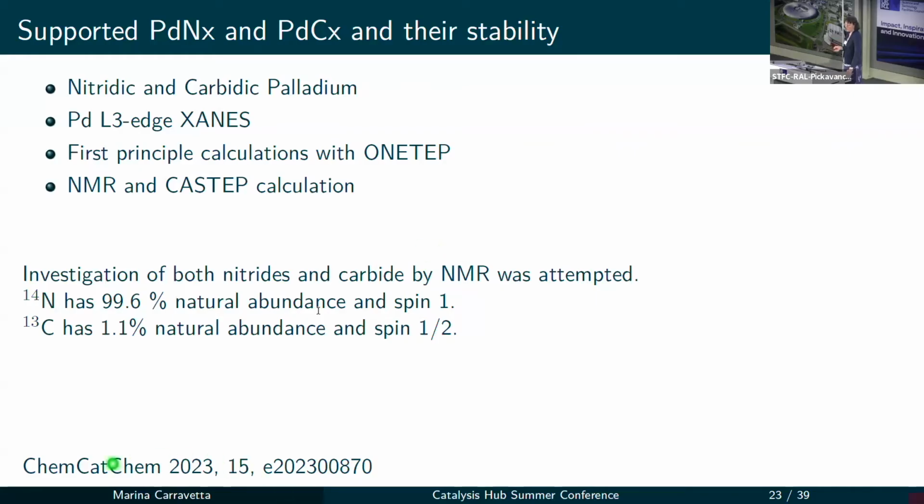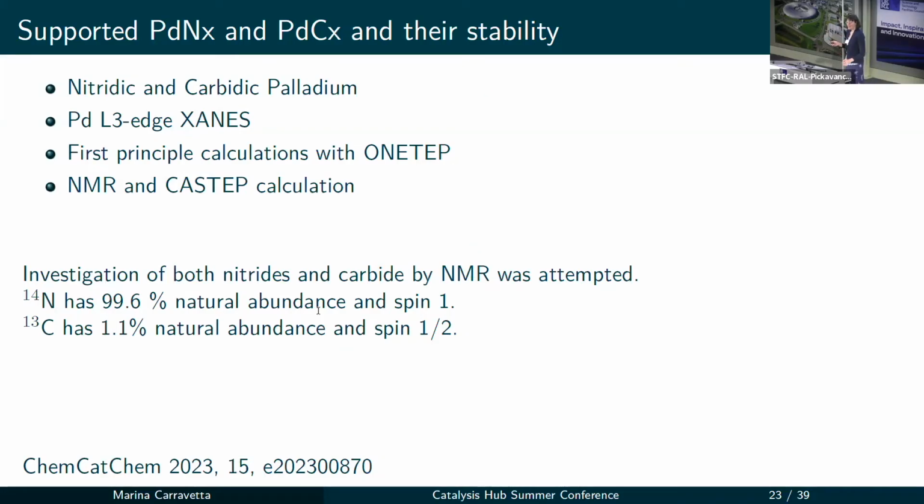In this paper, we also performed ONETEP calculations followed by CASTEP calculations to obtain the NMR parameters. ONETEP is a different type of simulation package also developed here in the UK, and Skylaris is one of the authors of this simulation package. It allows us to study really, really large systems. So it's very effective, but it doesn't have the NMR package in it. So the NMR calculations were transported into CASTEP.